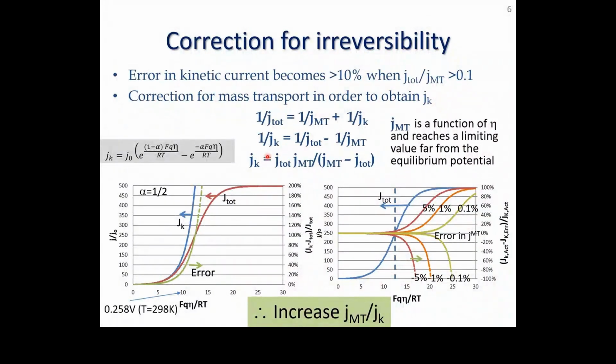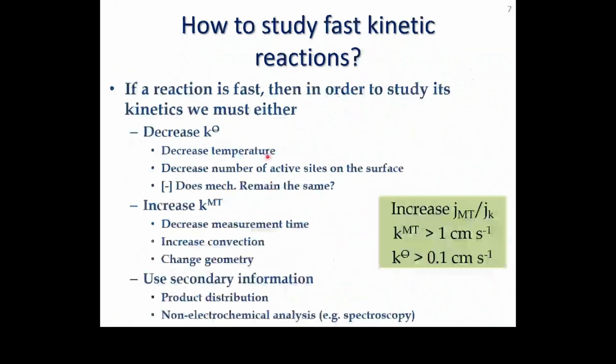So now what we're going to do is talk a little bit about the different ways that we can try and increase this ratio of the mass transport limited current to the kinetic current. And really, the rate constant for the electrochemical kinetics is typically, for fast reactions, of the order of 0.1 to 1 centimeters per second.